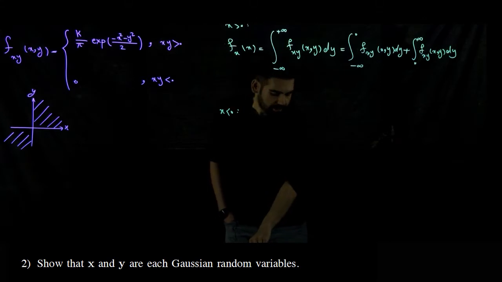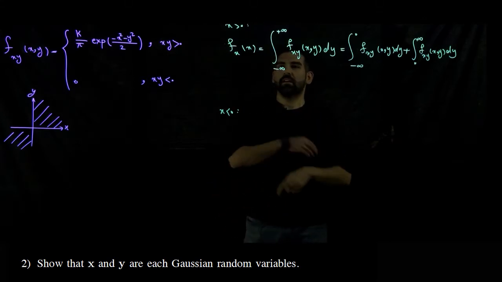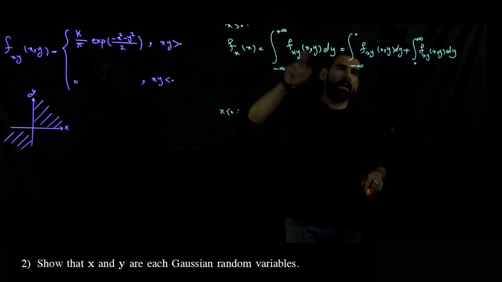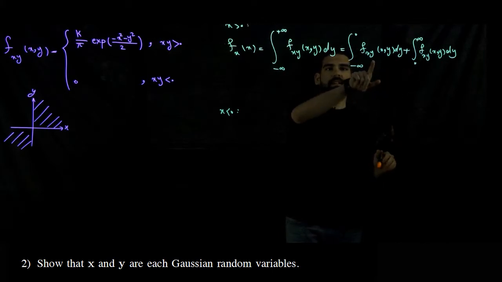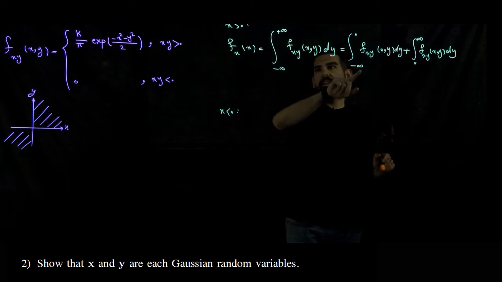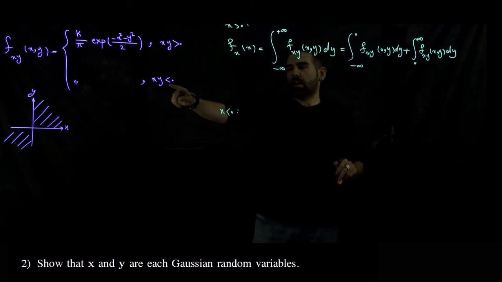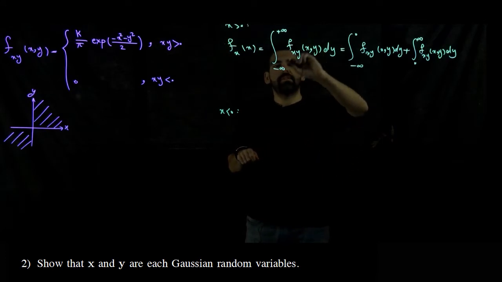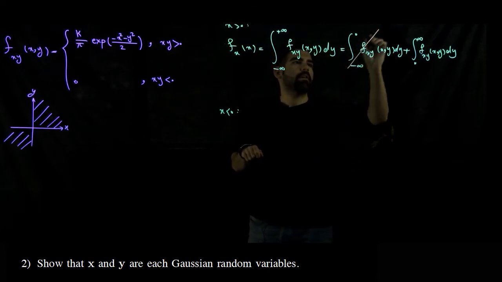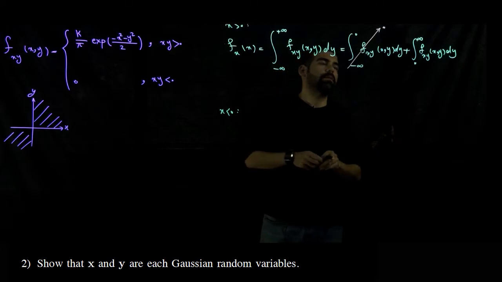Now note that in this case x is positive, and for the first term where y is negative, xy is negative, and so the first term equals 0.